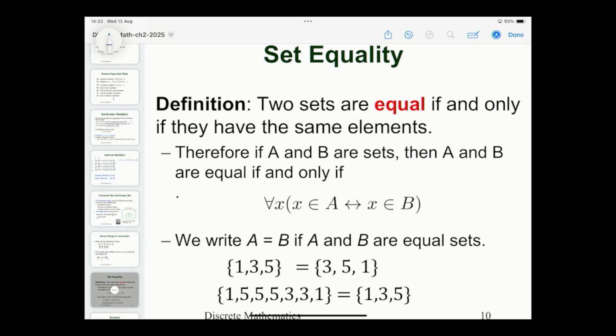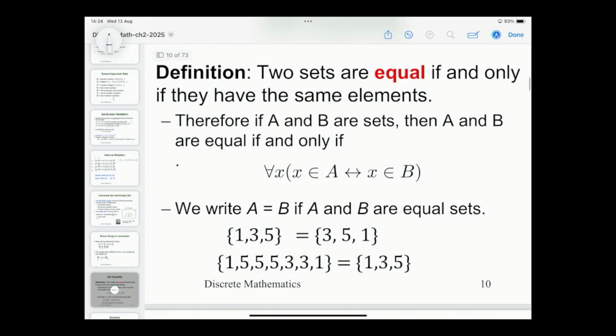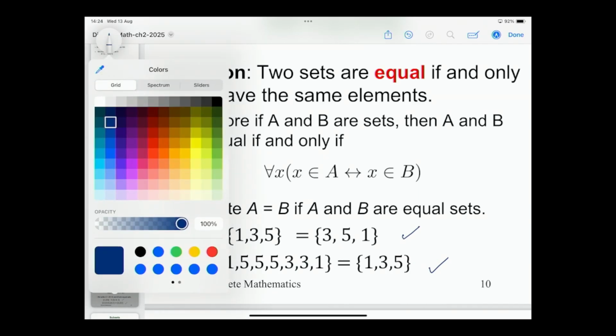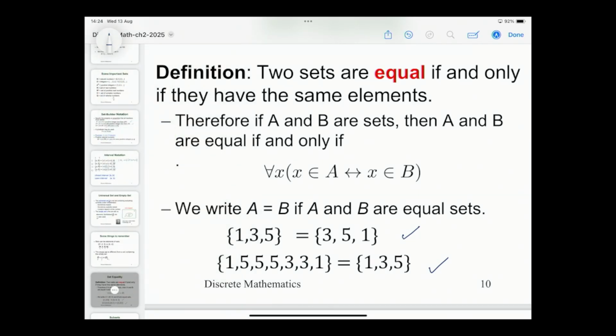The number of elements are equal, and all the elements that belong to set A also belong to set B. For example, this is an equal set, the left and the right hand side, or this second case as well. They are all equal, A equal to B. This could be A. This could be B.